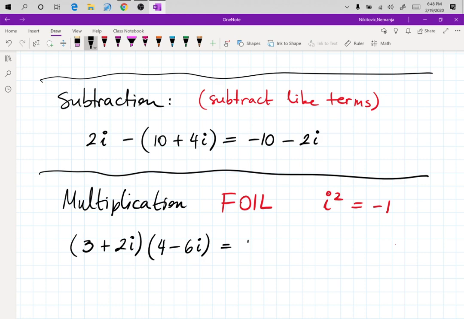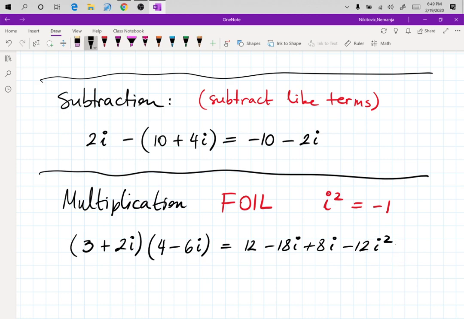3 times 4 is 12 minus 18i plus 8i minus 12i squared. Now we said that i squared is negative 1, exactly.